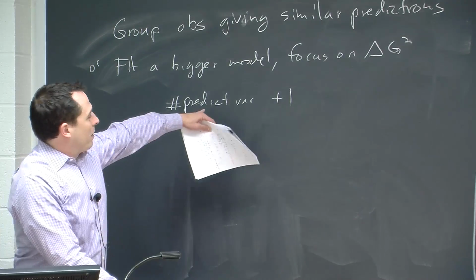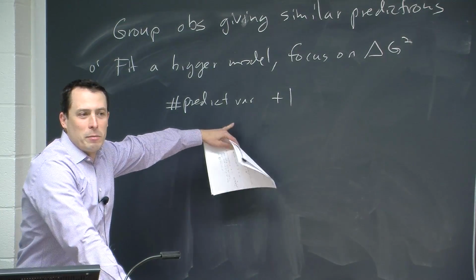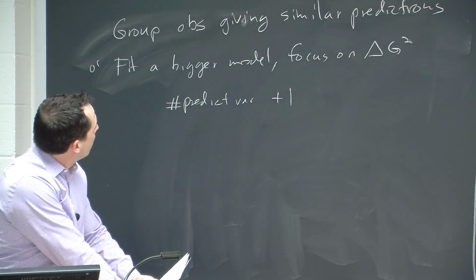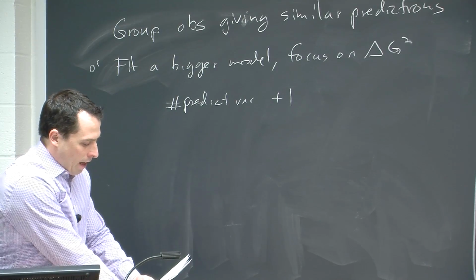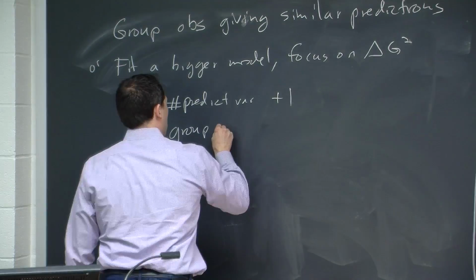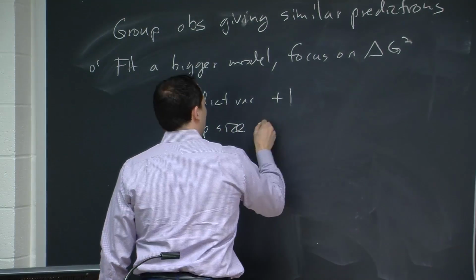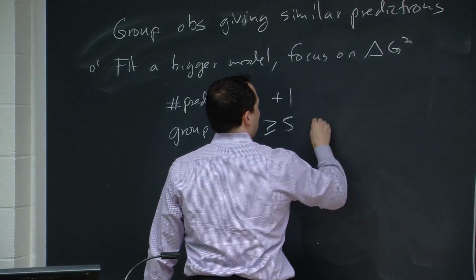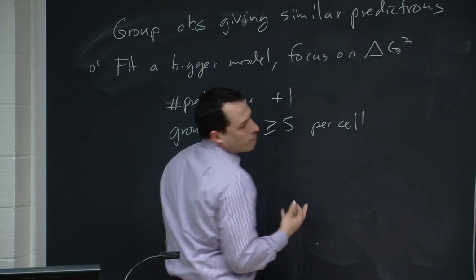So not the number of states, right, the number of cells, but just the number of variables. And probably want group size to be greater than or equal to 5 per cell, mostly.